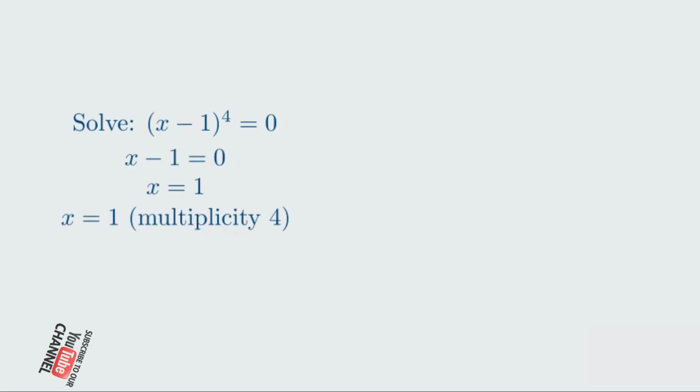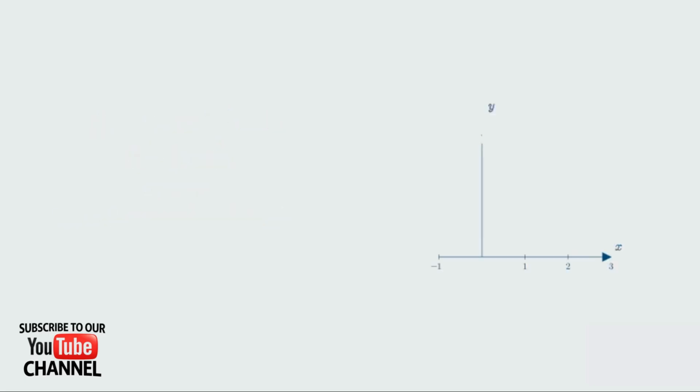A root with multiplicity is a value that solves the equation multiple times. Visually, if you were to graph this function, you would see that the graph touches the x-axis at x equals 1 and bounces back, rather than crossing through it. Here's what that graph would look like. It perfectly touches the x-axis at the point (1, 0).